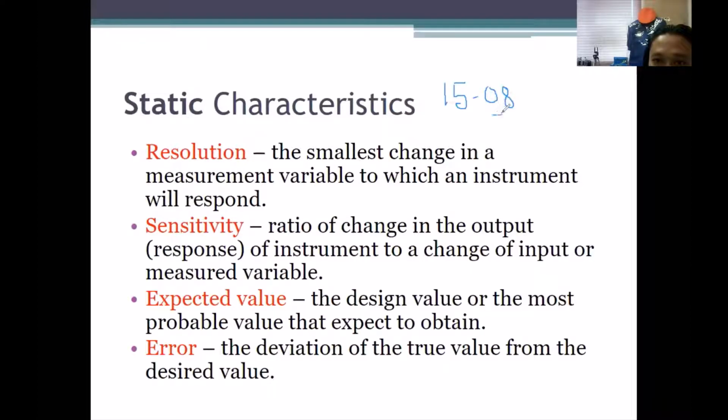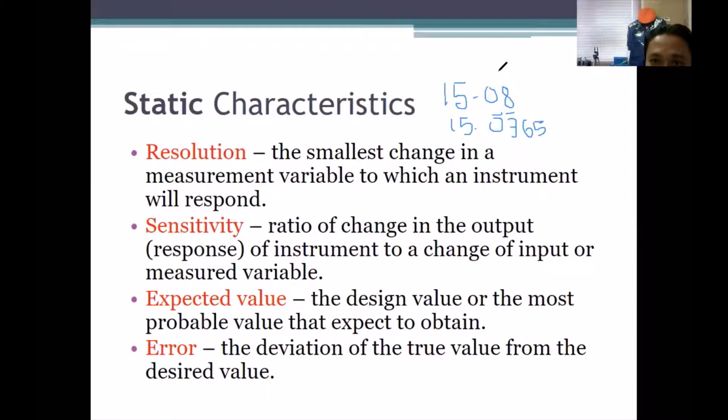This is our resolution. A good instrument has a small resolution, for example 0.0765. This is what we call the resolution, the smallest change in the measured variable.